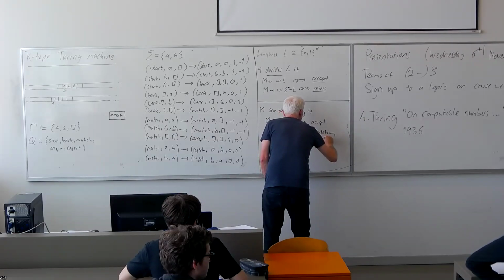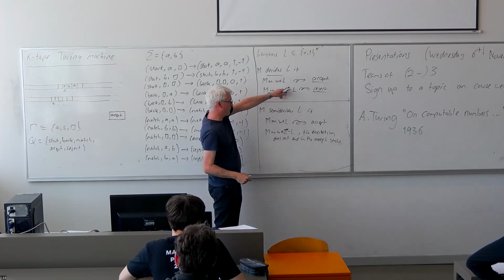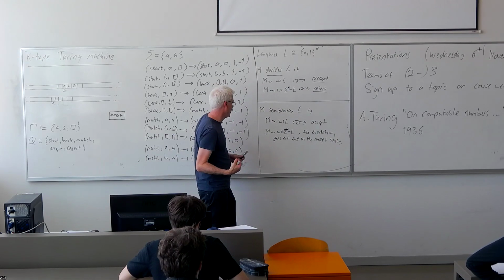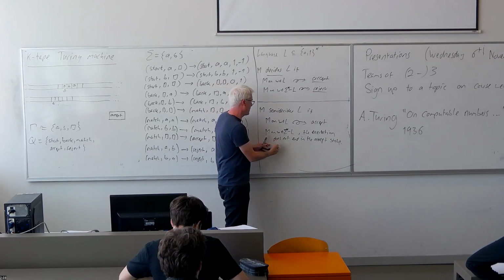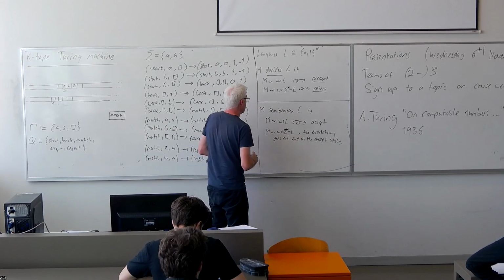It doesn't need to. Whereas deciding needs to end in the reject state, we get this kind of positive information that we're rejecting the word. In the case of semi-deciding, all we require is that the machine doesn't go into the accept state. It might terminate in some other state, or it might go into a loop.